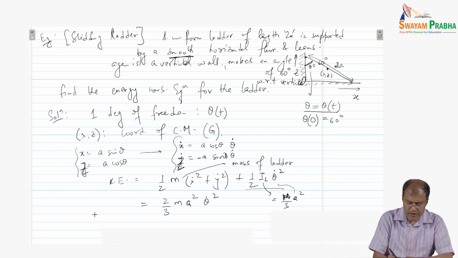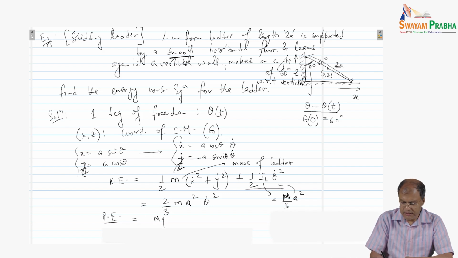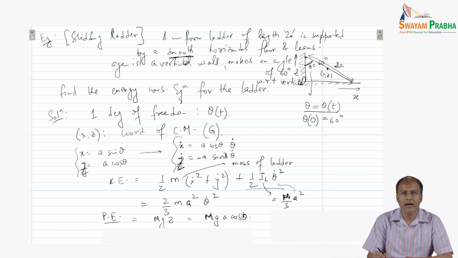So then how about the potential energy? The ladder is slipping and its center of mass is going down. How much down? It is going down by a distance z, right? So the potential energy is going to be mg z, so mg a cos theta, right?